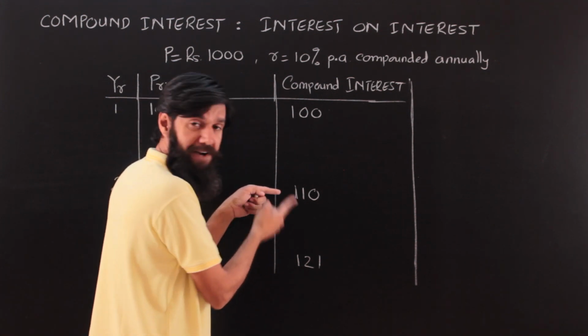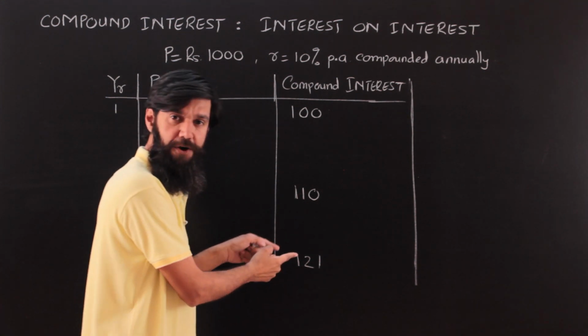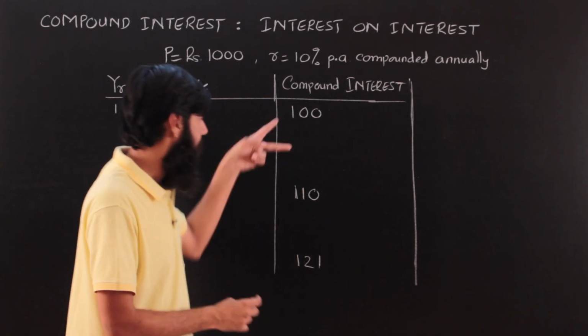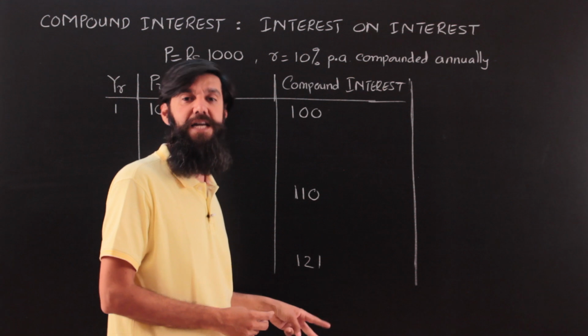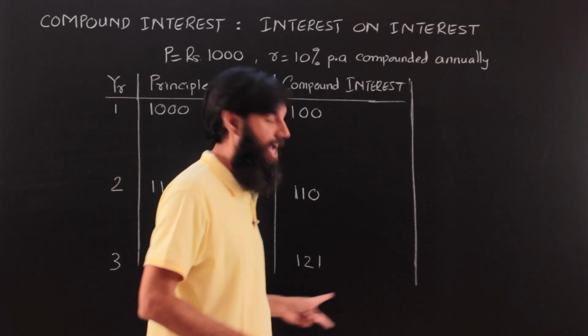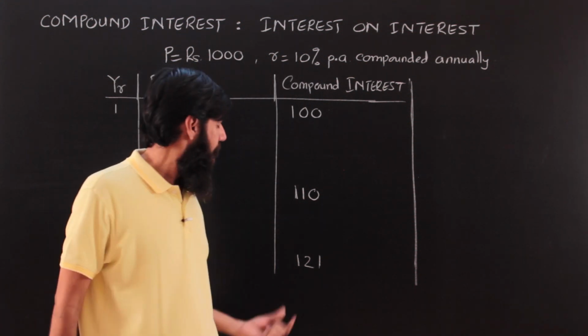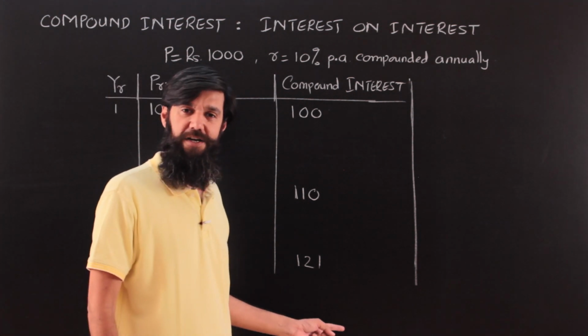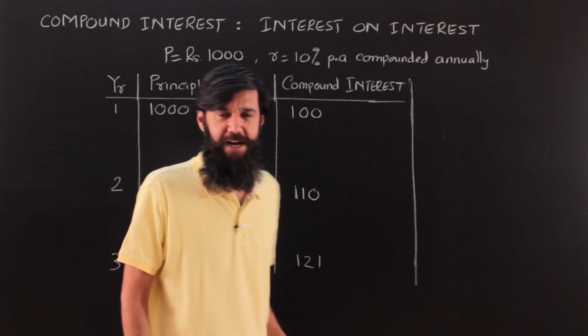Is there an increase of 10 rupees again? No, there's an increase of 11 rupees. Next time, is the increase going to be just 11 or a little more? Here it's 10, here it's 11, here it would be a little more. Don't be so naive as to think it's 12 and so on. The next year is going to be 1331, so 133.1, which is a little more than 11 altogether, right?